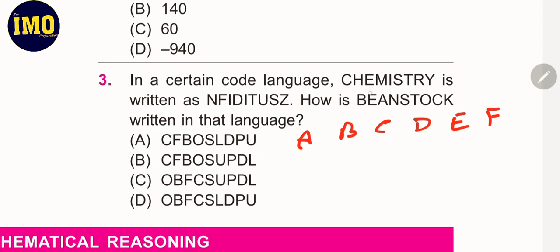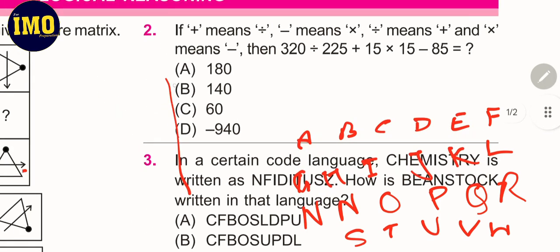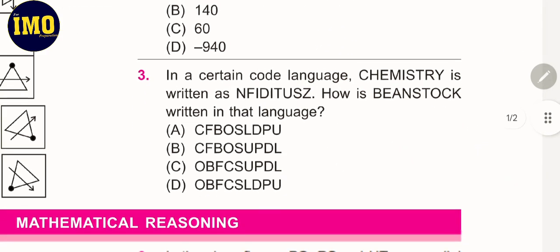E is replaced by I, so the second letter must be I. A, B, C, D, E, F, G, H, I, J, K, L, M, N, O, P, Q, R, S, T, U, V, W, and then suppose the result is X, Y, Z.